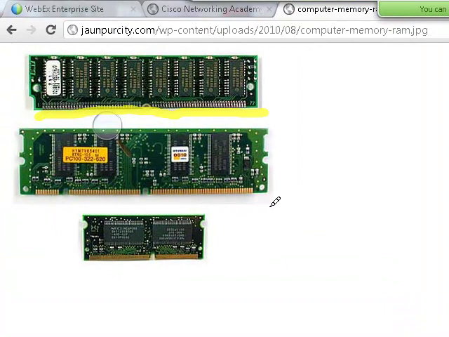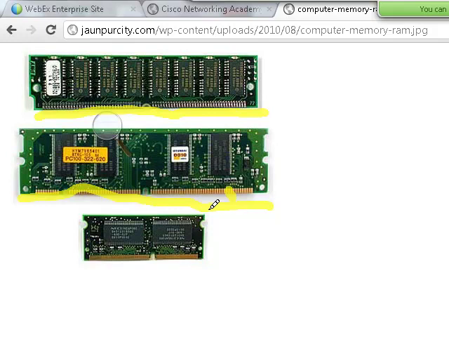Now the DIMM, which is dual inline memory module, this one has 72 pins. This one comes with different counts, like 128, 169. So it has a bigger number of connectors, which we call the bus, and it's okay to install only one.